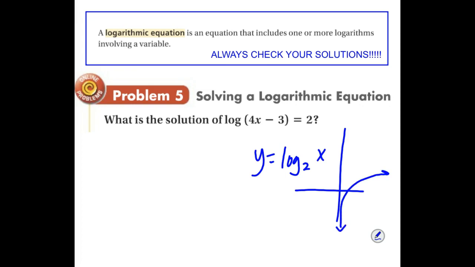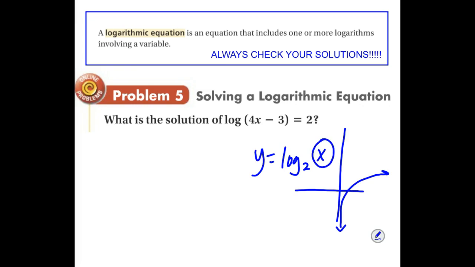And there was a very specific cutoff for our domain, right? We couldn't go left of 0. Everything in our domain was higher than 0. So there are domain restrictions, right? When we take the log of a number, that needs to be a positive value. So whatever we put in here is going to have to be positive.